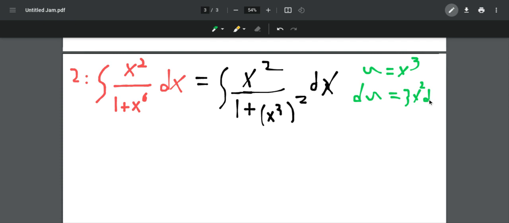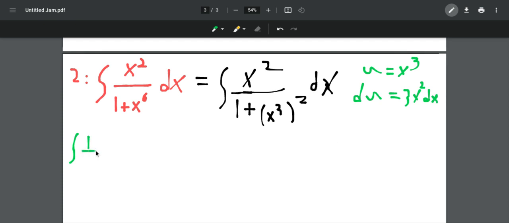Now, if I want to turn this integral into a new variable, I divide by 3x squared on both sides to get dx alone, and we see that x squared cancels.